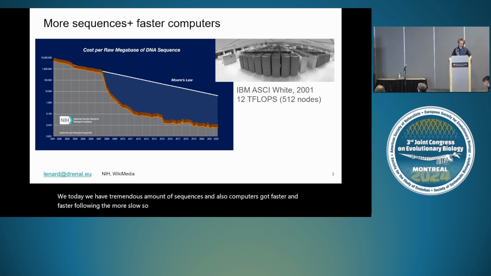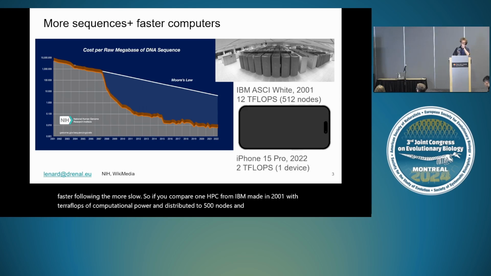If you compare an HPC from IBM made in 2001 with 12 teraflops of computational power distributed over 500 nodes, and the iPhone that many of you have in your pockets, released in 2022, it already has 1/6 of this computational power. So all of you are literally sitting on an HPC computer.